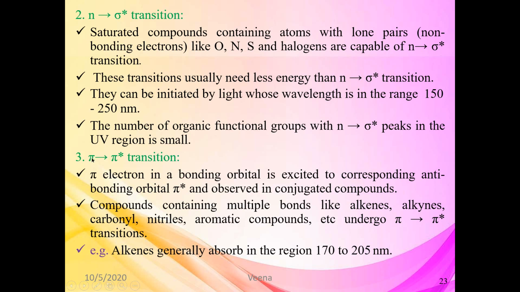It is the transition or excitation of electrons from pi bonding molecular orbital to pi star anti-bonding molecular orbital, and this is called as pi to pi star electronic transition. And this kind of electronic transition will occur in molecules containing double bonds, that is unsaturated molecules, and this will occur in the wavelength region from 170 to 205 nanometers.